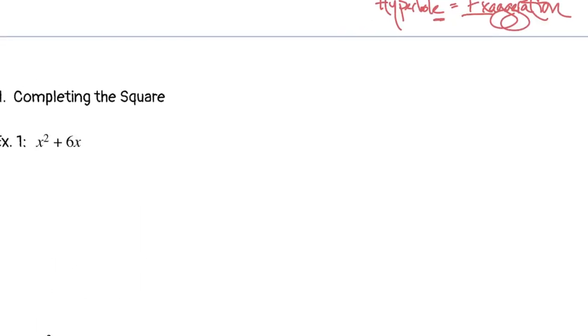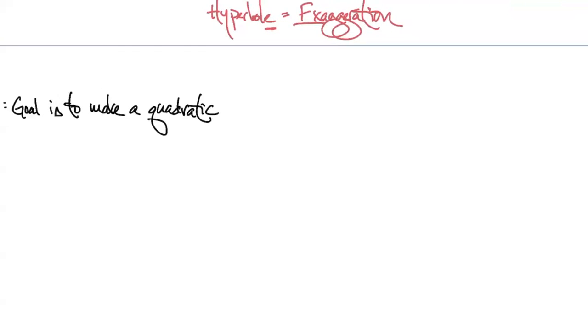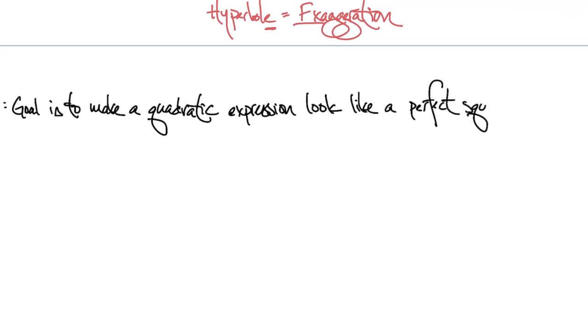But the notion that I want us to make a note of right here is that when we're completing the square, our goal is to make a quadratic expression look like a perfect square.